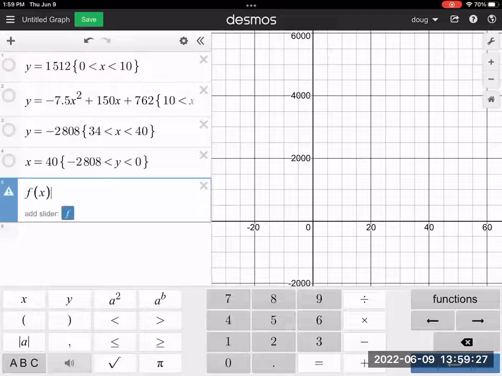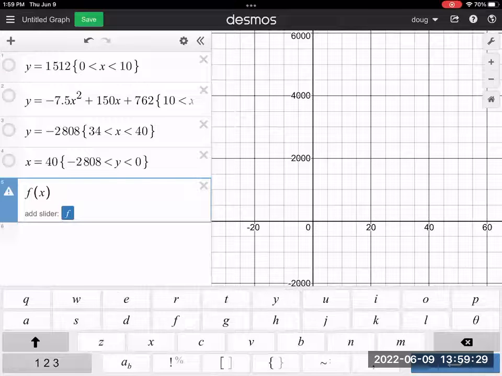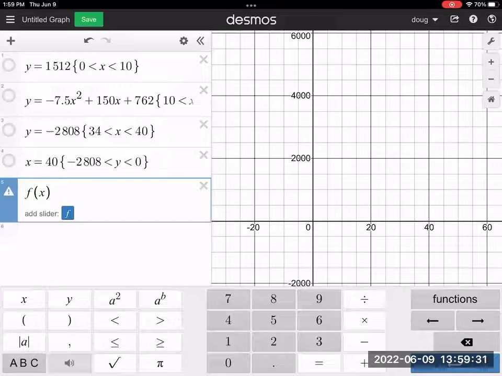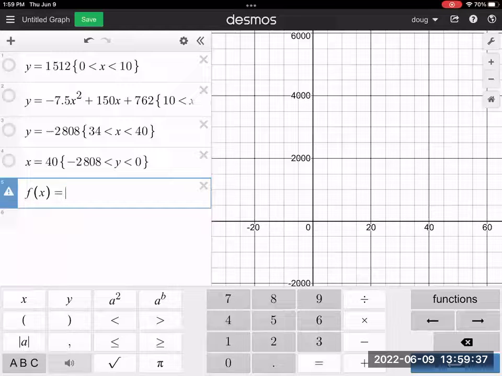I want you to see if you can figure out why I'm doing this. Same thing, it doesn't change anything, it just graphs it. But our first equation we said was 1512x, is that right?